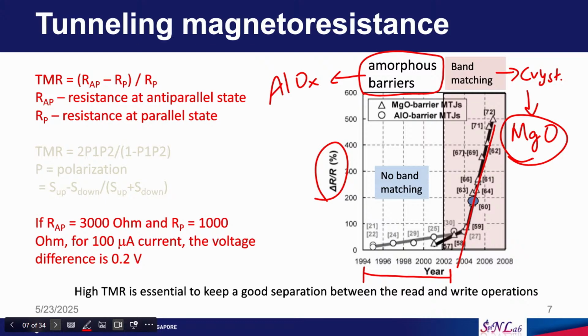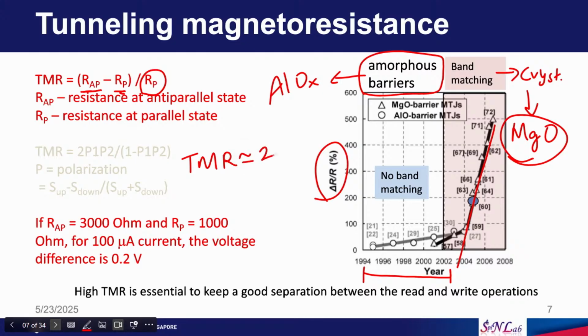Okay, again this is the definition of TMR. So, let us say you have a certain resistance in the antiparallel state, a certain resistance in the parallel state. So, the difference divided by the resistance of the parallel state gives rise to TMR. Let us say TMR is 200%.